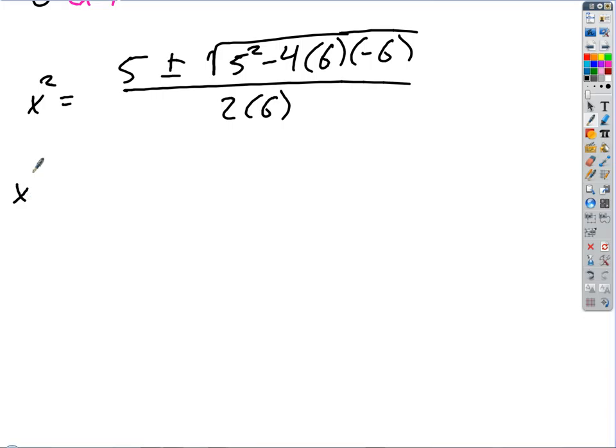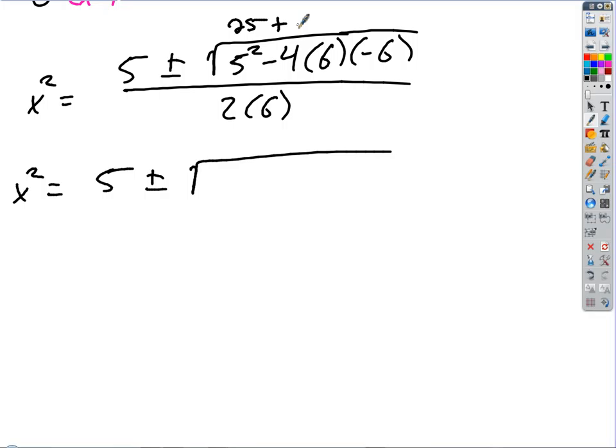So x squared equals 5 plus or minus. Let's get all the stuff in here down to a number. 25 minus a negative is plus. Remember, we count the number of negative signs. If there's an even number of negative signs, it becomes a plus.